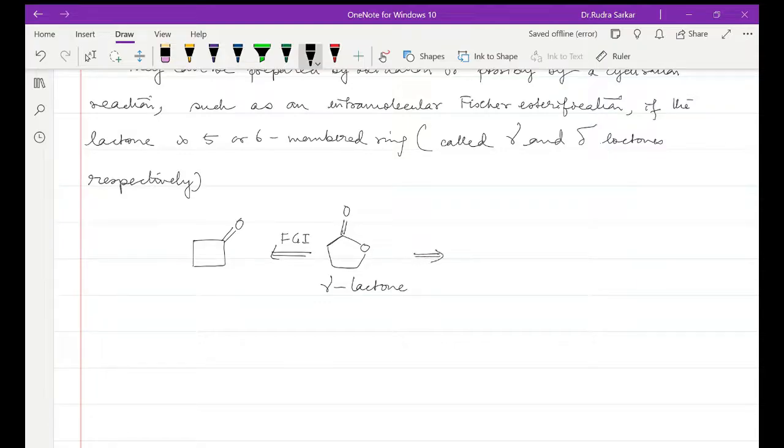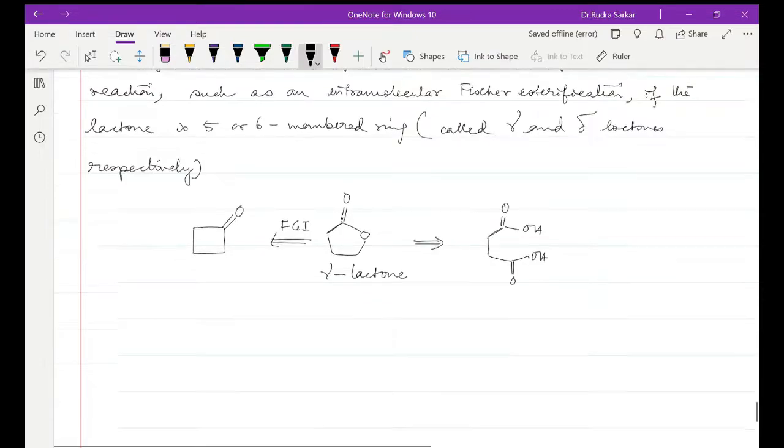Or also one can think of the intramolecular Fischer esterification, okay, over here to make the gamma lactone.